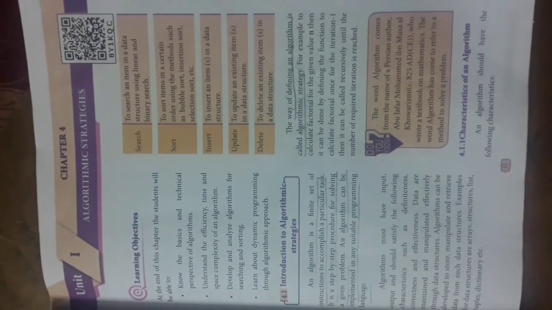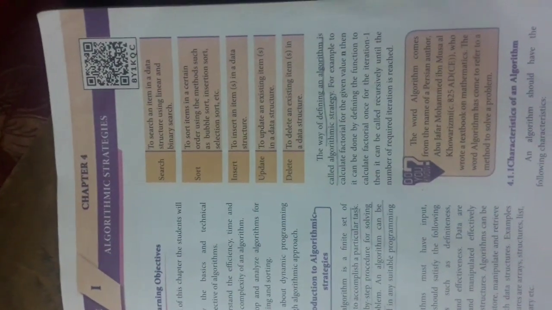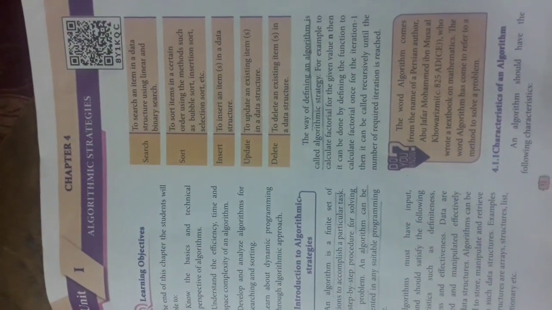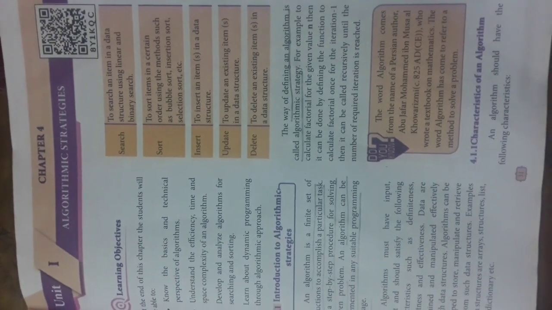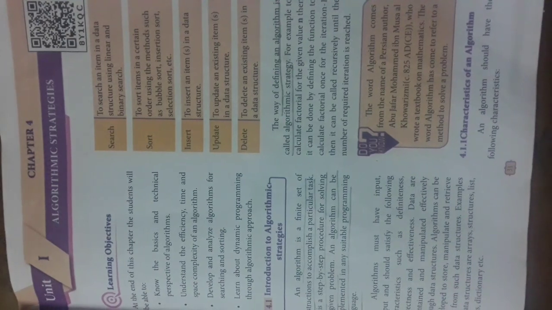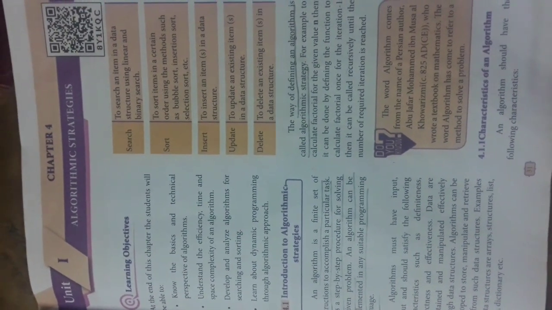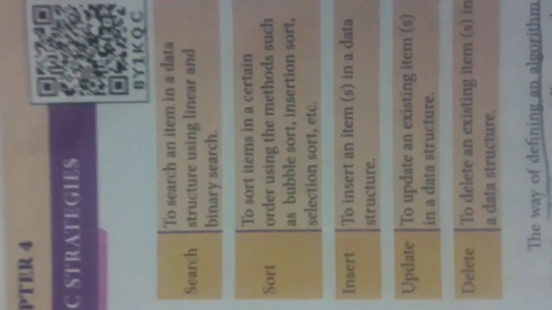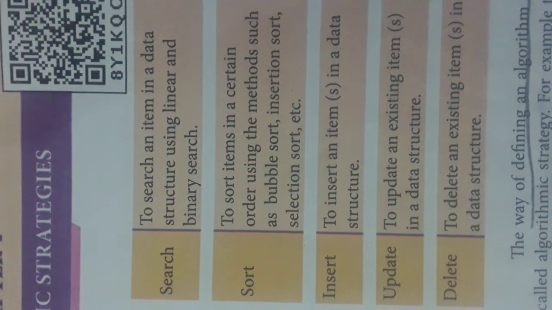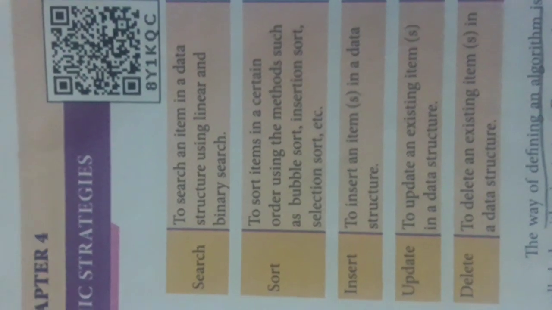Then we have 5 important terms, that is searching. Searching is to search an item in a data structure. The techniques we use for searching are linear search and binary search. Second one is sorting. Sorting is a process of arranging the data. You can arrange the values in ascending or descending order, and the methods we use here are bubble sort, insertion sort and selection sort.